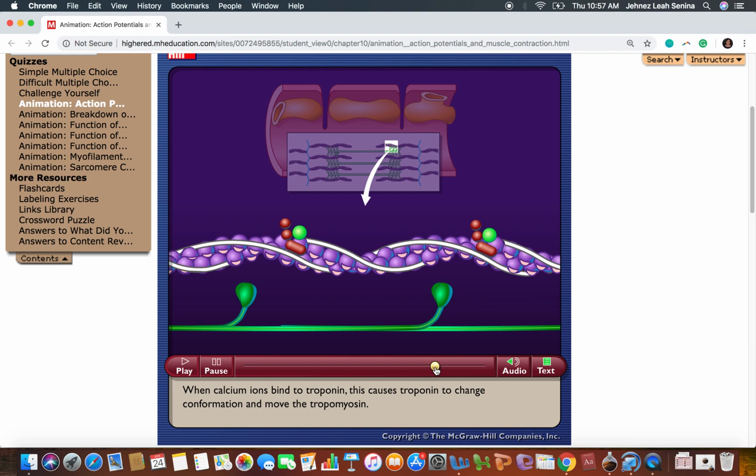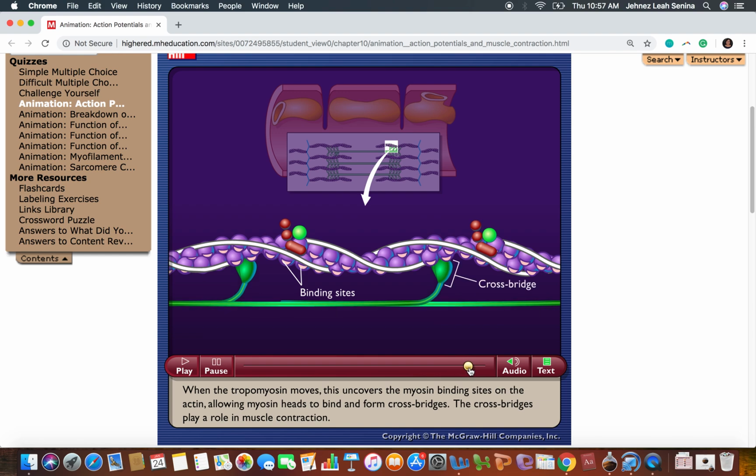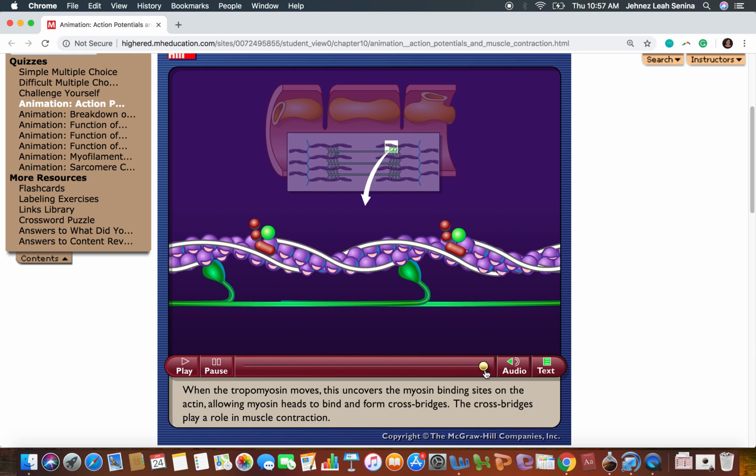The myosin head cannot bind to these ones unless it's exposed. So backtrack, we need calcium. No calcium, nothing to pull this away to expose the binding sites. Now it's exposed. We've learned this already. Now it's exposed, your myosin heads can now bind and cause your power stroke.